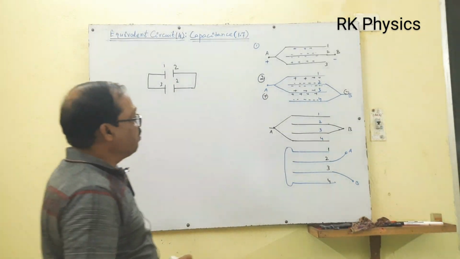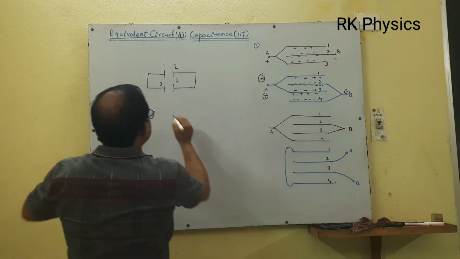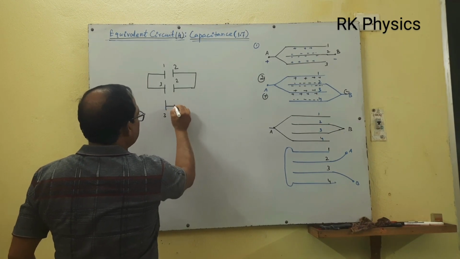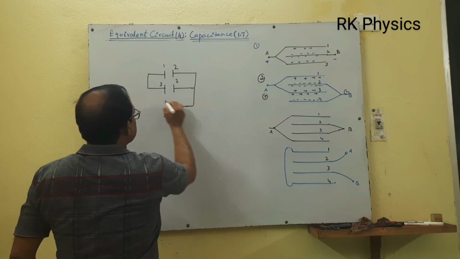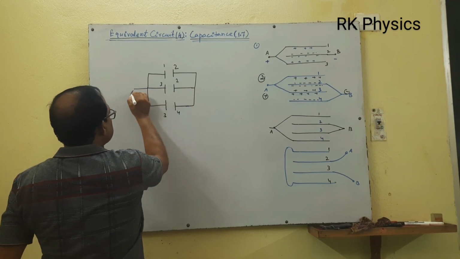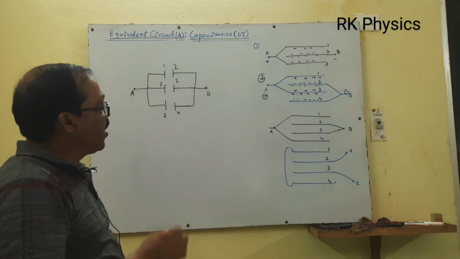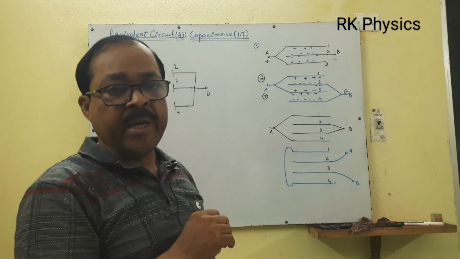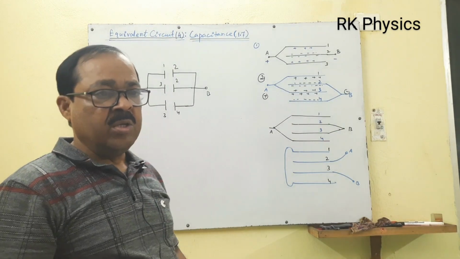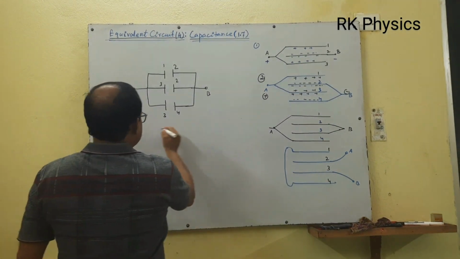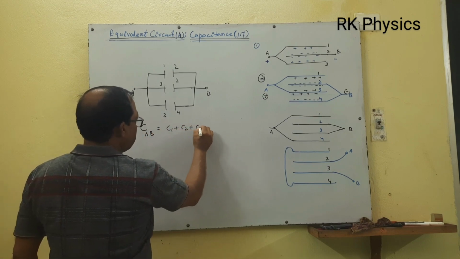Now, further B is connected to 4 and again 3. That means 3 and 4 is again a capacitor, with 3 positive and 4 negative. Therefore, this figure shows this is A and this is B. All three capacitors, between 1 and 2, 2 and 3, and 3 and 4, are parallel to each other. If they are parallel, then the equivalent capacitance is C1 plus C2 plus C3.